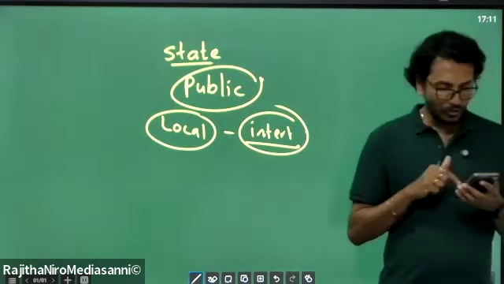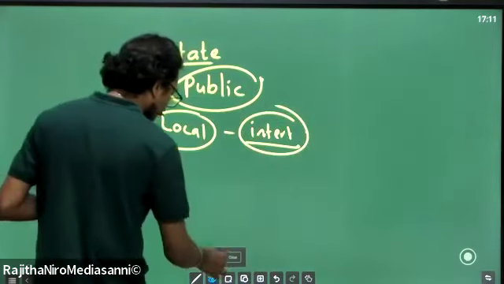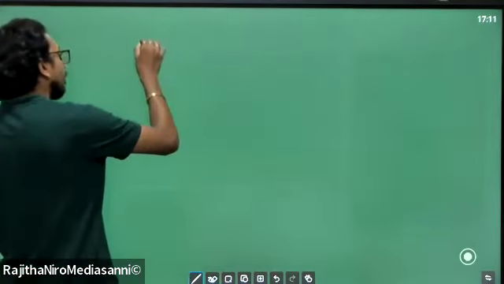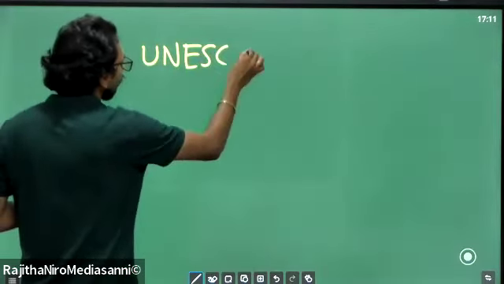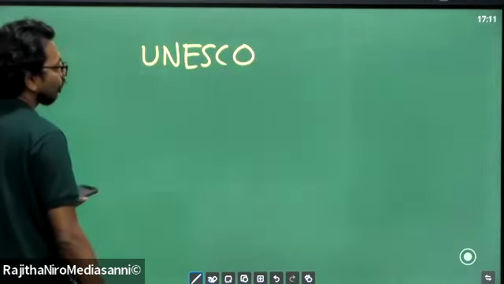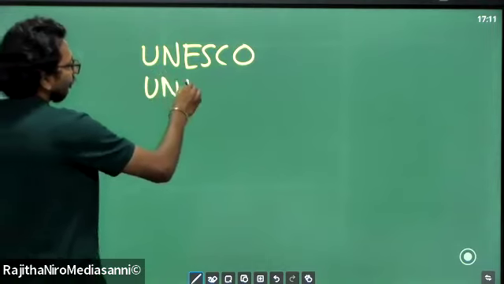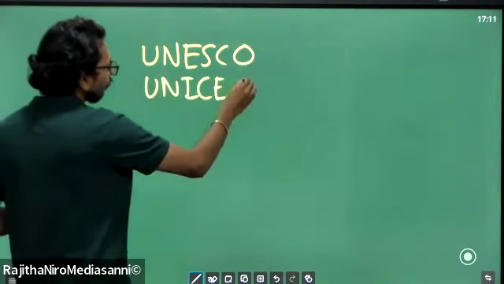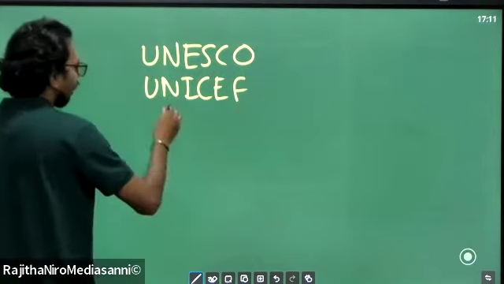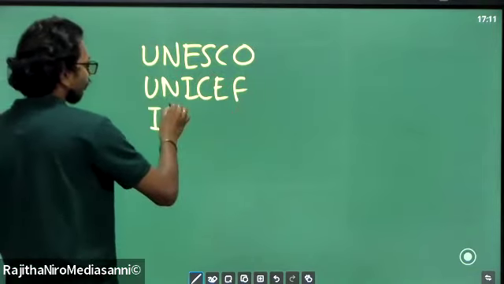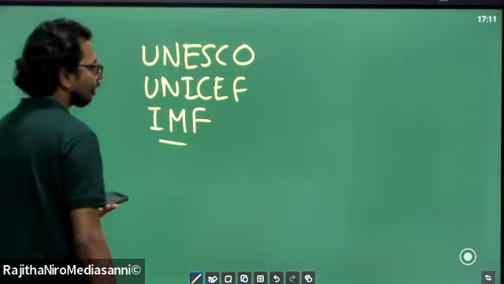Second one, establishing various types of international organizations. What type of organizations can we see? UNESCO is that type of international organization. And UNICEF is also that type of international organization. Other things, IMF, International Monetary Fund, is that type of organization.